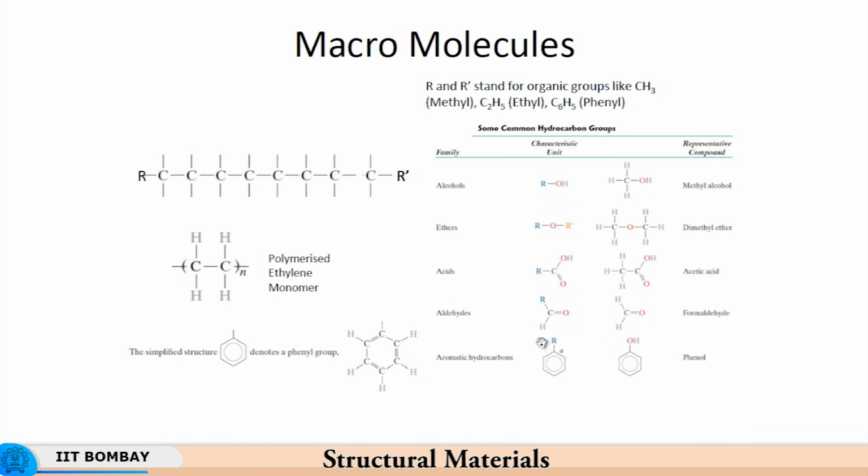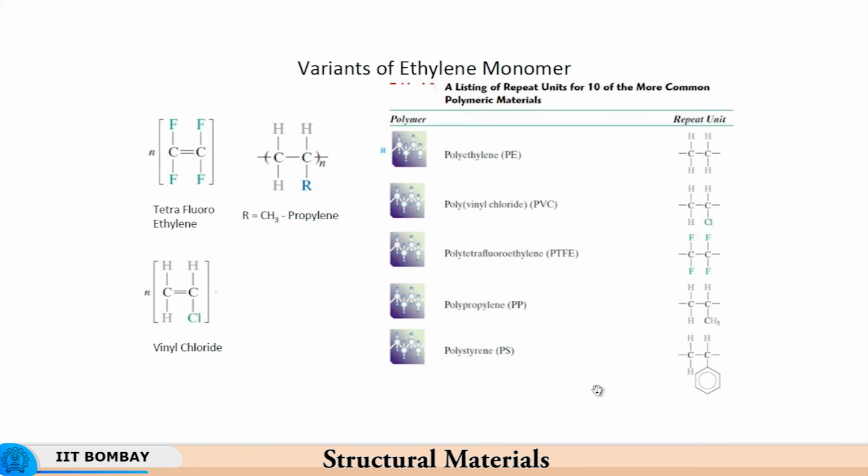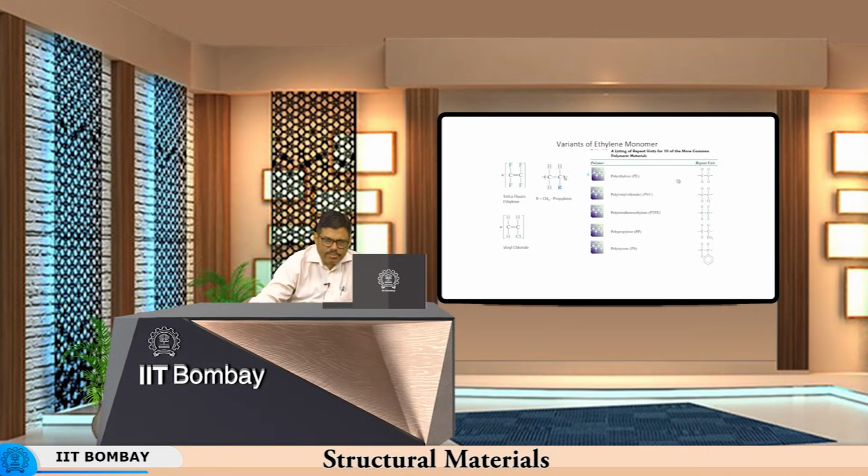This will be called a monomer, and when you polymerize it, you will get a polymer, a structure due to repeating units of this type. If you take polyethylene, you have ethylene here, with all hydrogen atoms, and then you polymerize it, it becomes polyethylene.